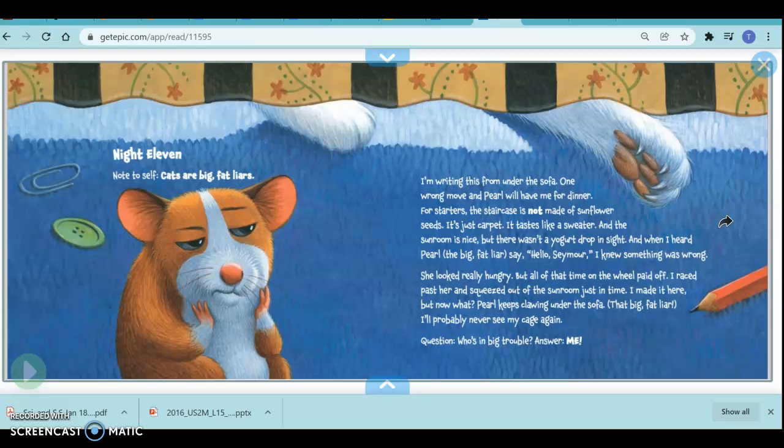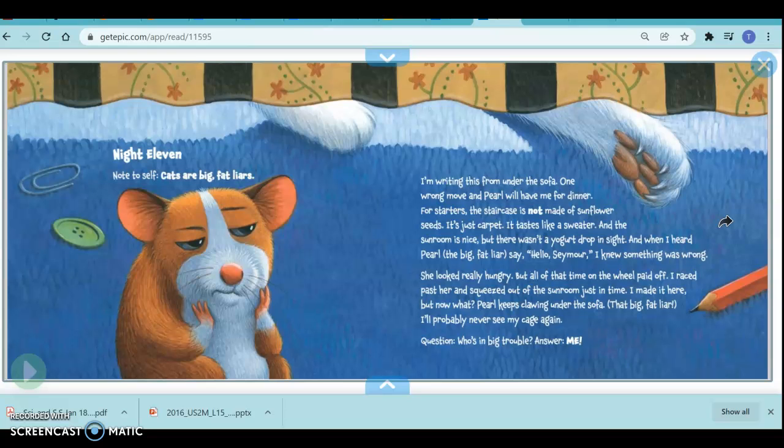And when I heard Pearl, the big fat liar, say, Hello, Seymour, I knew something was wrong. She looked really hungry. But all of that time on the wheel paid off. I raced past her and squeezed out of the sunroom just in time. I made it here. But now what? Pearl keeps clawing under the sofa, that big fat liar. I'll probably never see my cage again. Question: who's in big trouble? Answer: me.